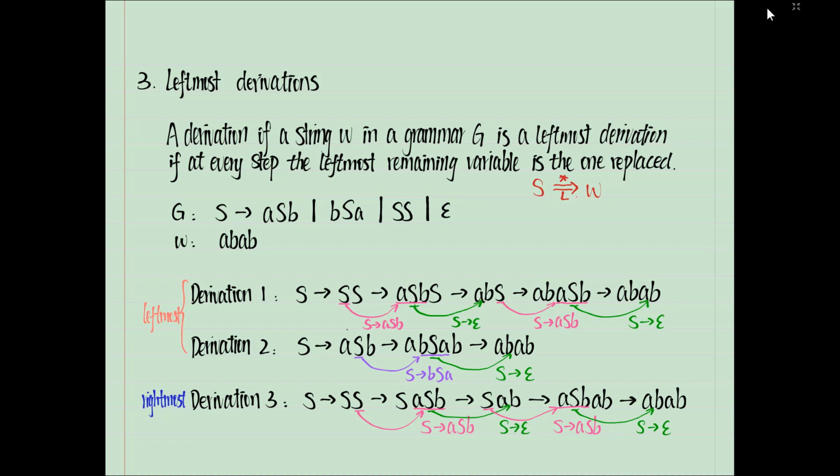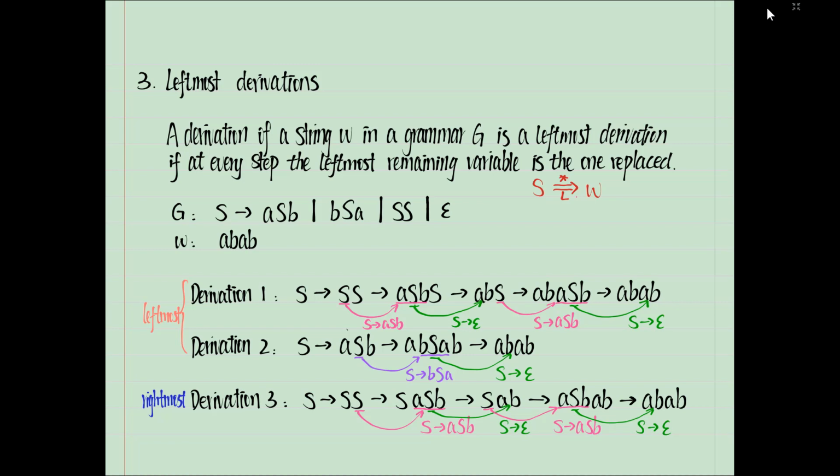We have the rule S to SS applied, and then we expand the rightmost S, which is the second S, and we use the rule S to ASB, so we get a string SASB. After that, we have two S's in SASB. We expand the second one, which is the rightmost one, with S to epsilon. So we get the string SAB.